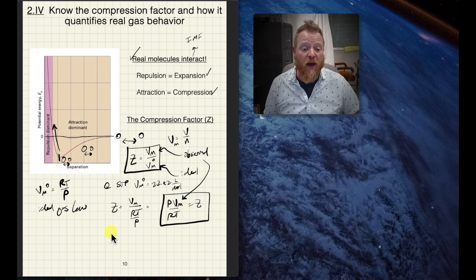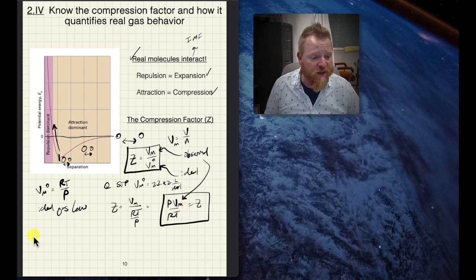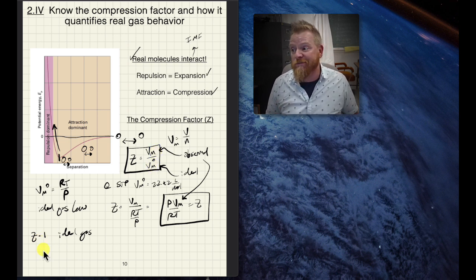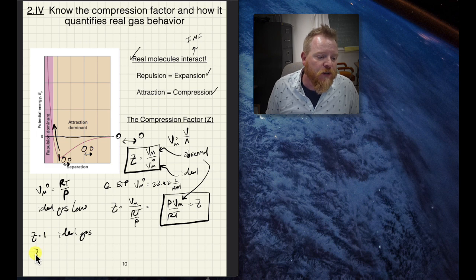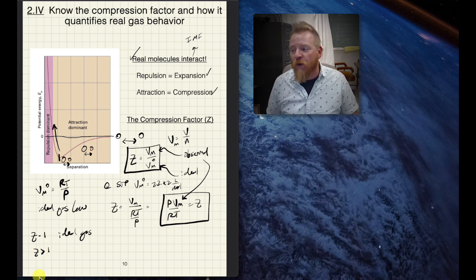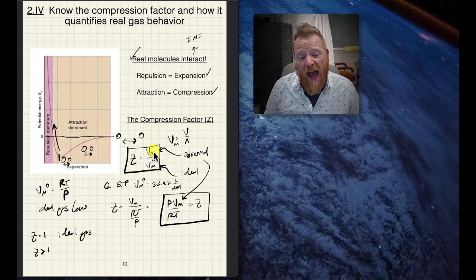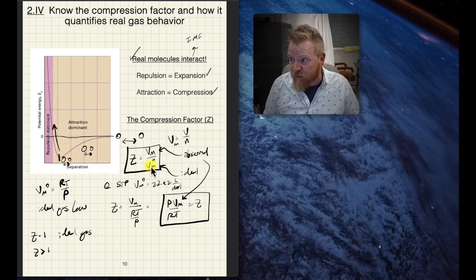So there's a couple of qualifiers that we can put on this. When Z is equal to 1, that is our perfect ideal gas, right? So when the observed molar volume is identical to the ideal molar volume, Z is 1, that's an ideal gas. So if Z is greater than 1, that means the observed volume we have is greater than the ideal volume. That would owe to expansion.